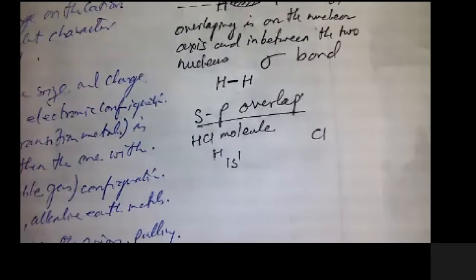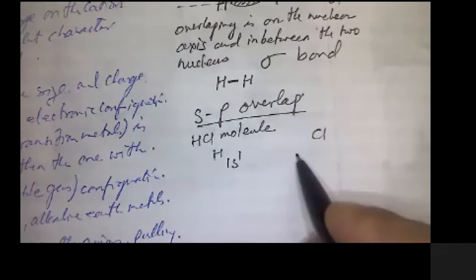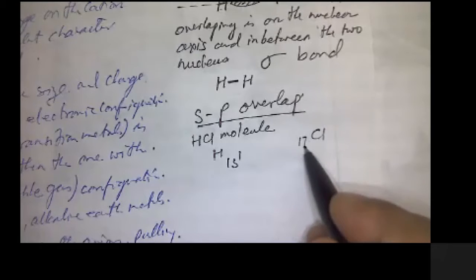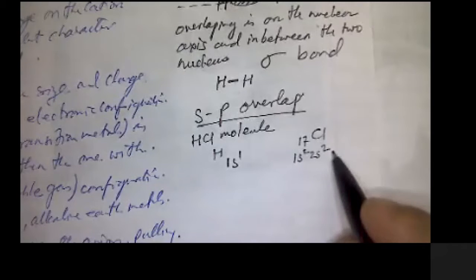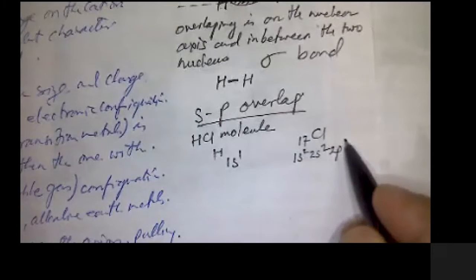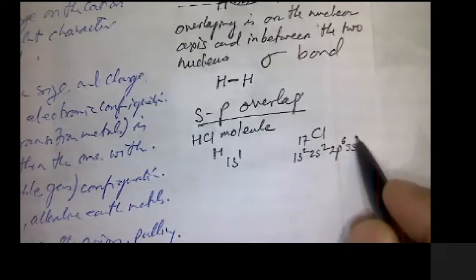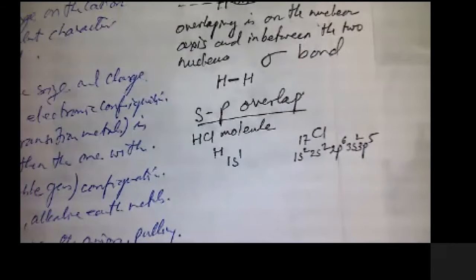No problem at all. It's simply an s orbital. And here chlorine is 17. So 17 means 1s2, 2s2, 2p6, 3s2, 3p has 5 electrons. 3p5.